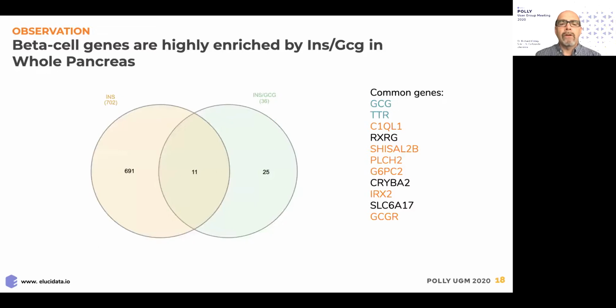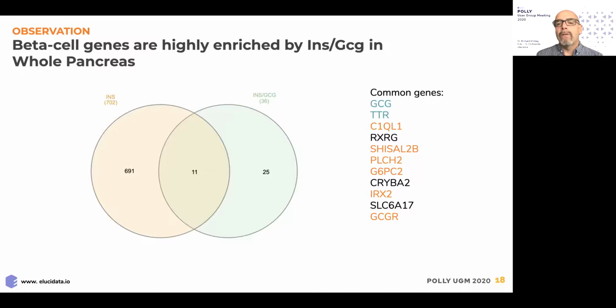And just to compare some of the hits that we're getting relative to insulin alone, there were about 700 "hits" with insulin and 36 with our insulin to glucagon ratio. But a surprising fraction of these were shared. And 11 of the genes that were common to both are listed to the right.